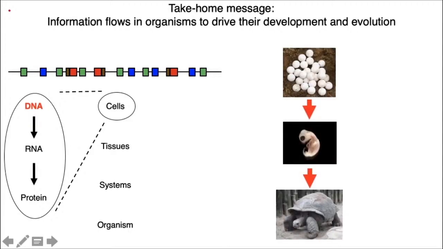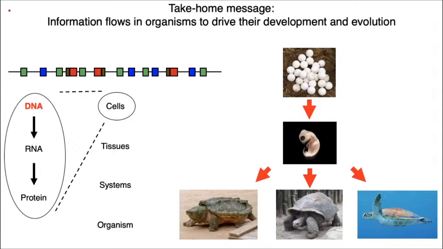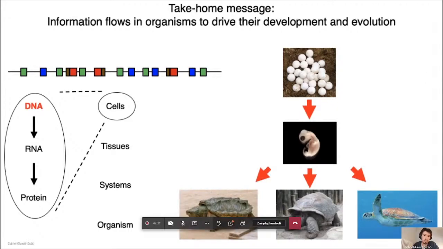This really allows a single cell to develop into an organism. If this goes wrong, it can generate disease, but it can also allow evolution to happen and new traits and adaptations to appear.